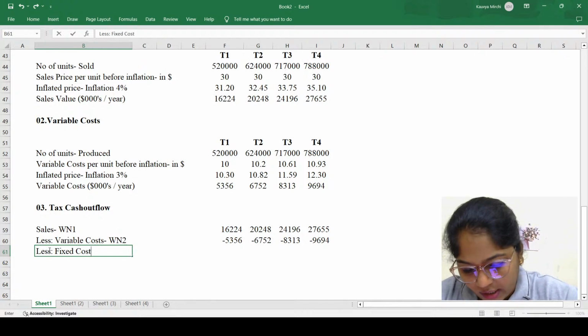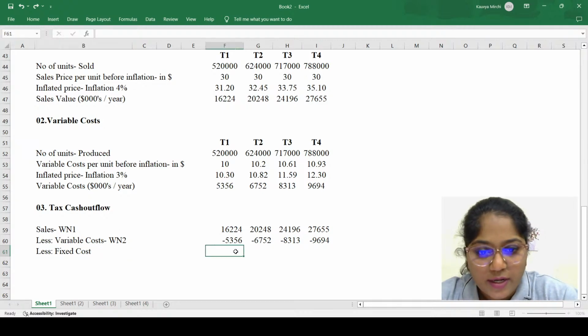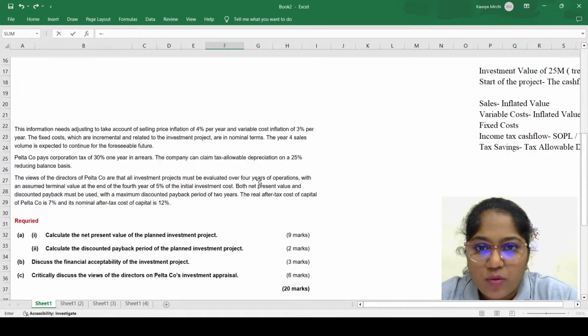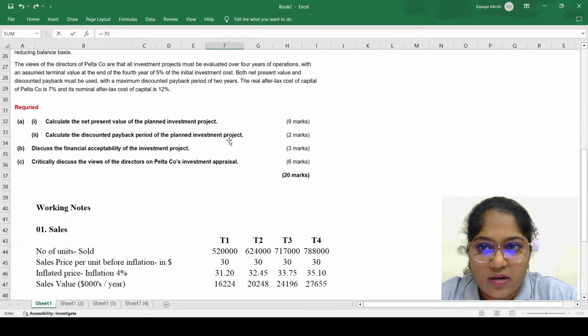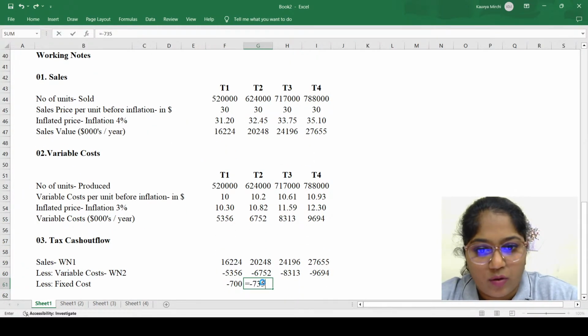There is no working note, it's okay. I can just write whatever is given in the question. What is my fixed cost, people? 700,000. And then I have 735 if I'm not wrong.